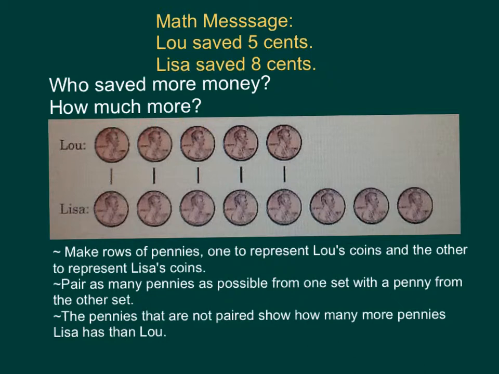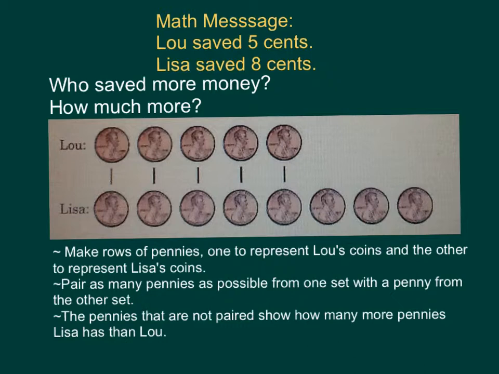So the first thing we do is we take a look at how much money each person had. Our first person, Lou, had 5 cents. So here we have Lou, and as you can see, I've put out 5 coins. 1, 2, 3, 4, 5. 5 pennies, so we have 5 cents.